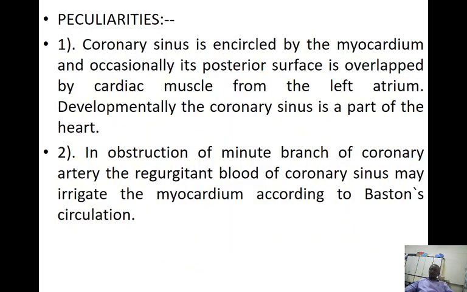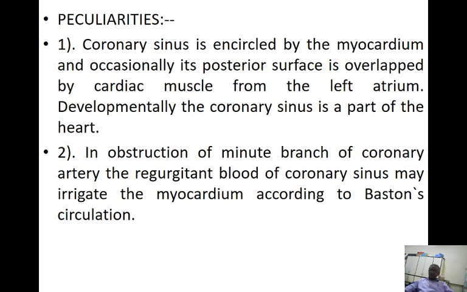Peculiarities. The coronary sinus is encircled by the myocardium and occasionally its posterior surface is overlapped by cardiac muscle from the left atrium. Developmentally, the coronary sinus is a part of the heart.